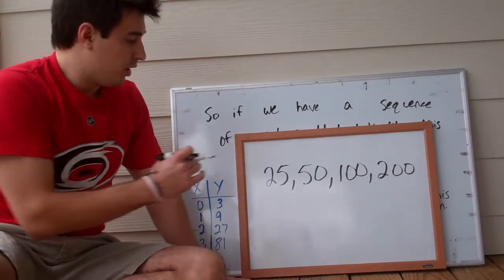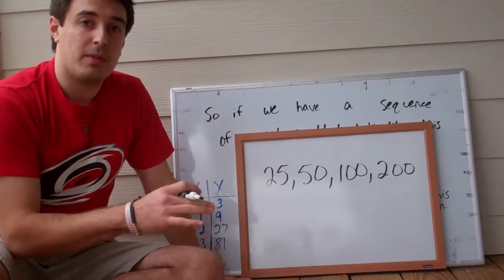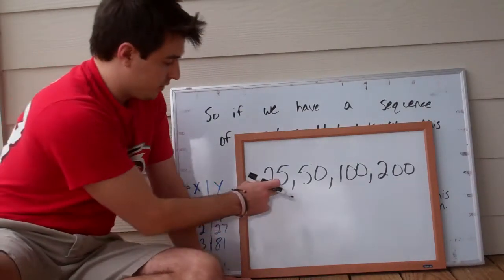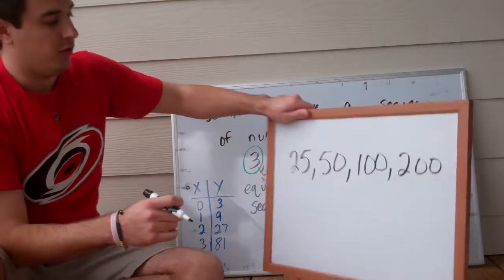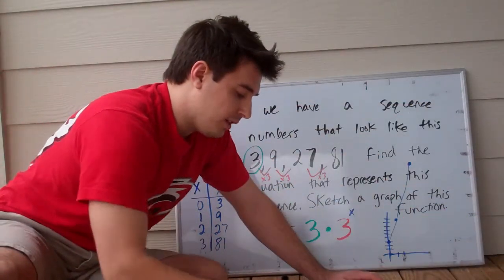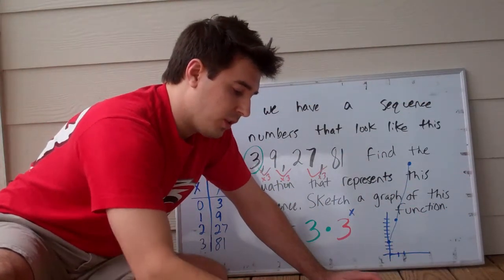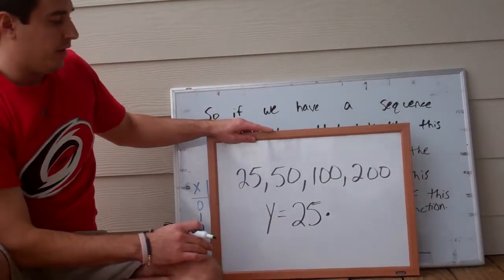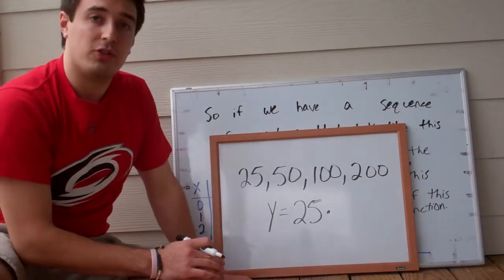Alright? So, first off, find my initial term. Alright, 25, nice job. So let's go ahead and say y equals 25, and then I put a little multiply sign there because we have to figure out what our common ratio is.